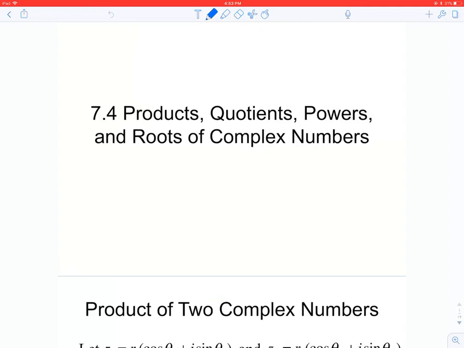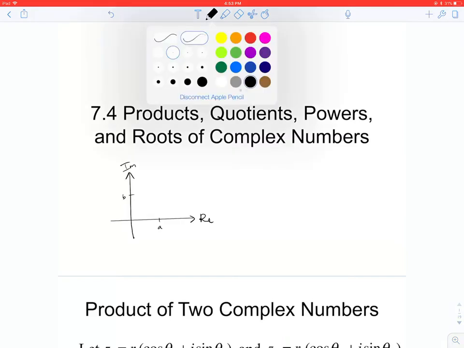Okay, so we are still in chapter 7 and talking about complex numbers. Just a little refresher from before break. Remember, we talked about representing complex numbers in the complex plane, where we have a two-dimensional plane. The horizontal axis is referred to as the real axis, and the vertical axis is referred to as the imaginary axis.